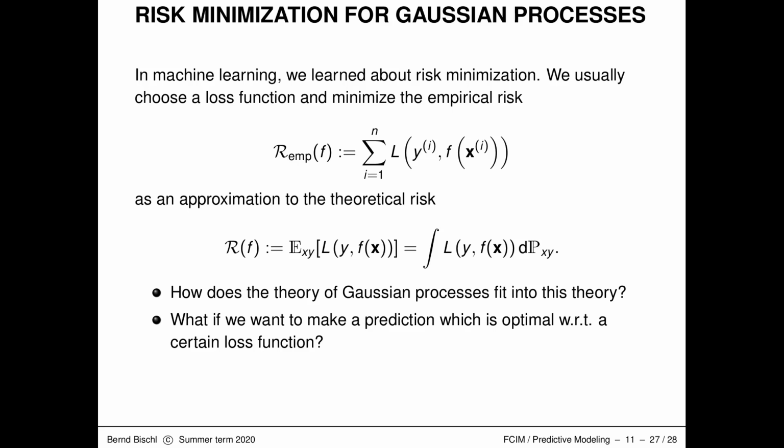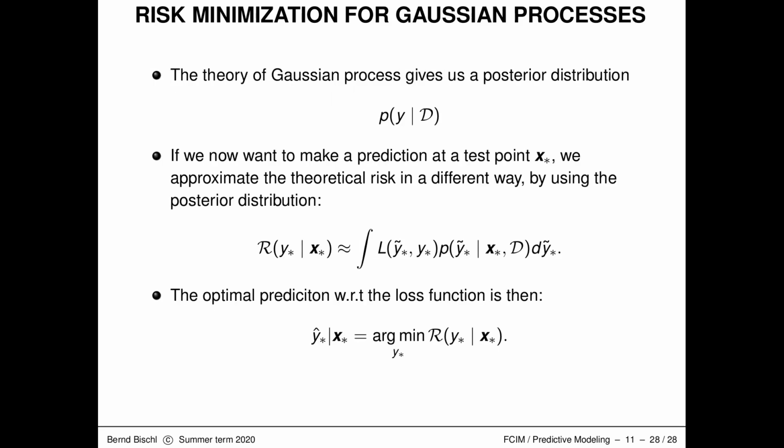So how do we do that? It's actually pretty simple. The theory of GPs gives us access to such a posterior distribution of Y given our training data D. And if you want to make a prediction at a test point X star, we have this complete posterior distribution available to us. It's not a simple point estimate.